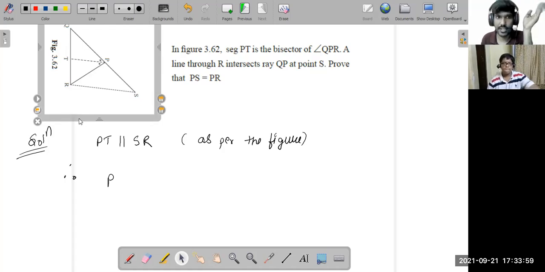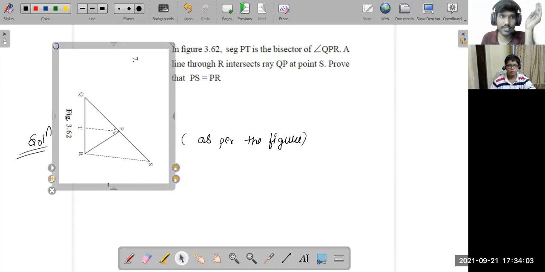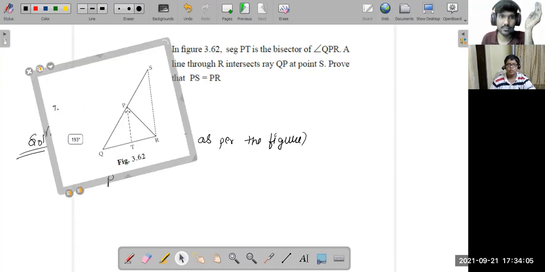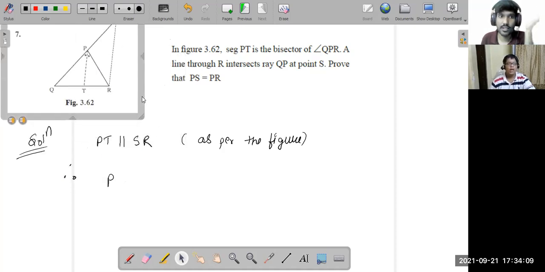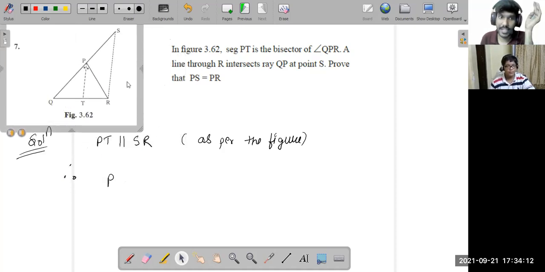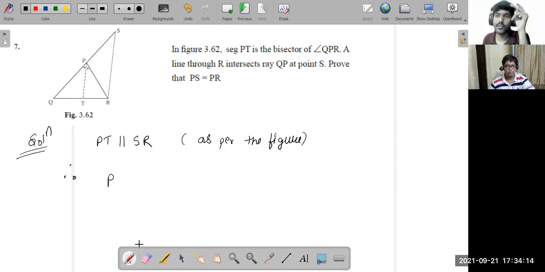PR is a transversal, correct, but there is one more transversal. There are two transversals here. Can you tell me the other one? PS, yes. So we'll take cases: first where we consider PS to be the transversal, and second where we consider PR to be the transversal. First I'll take PS as a transversal.